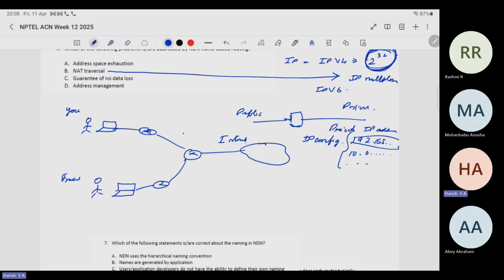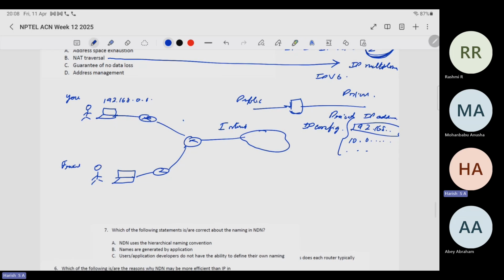Of course, every device that's connected to the internet or to a router has an IP address. So you could have 192.168.0.1, and your friend could also have 192.168.0.1.